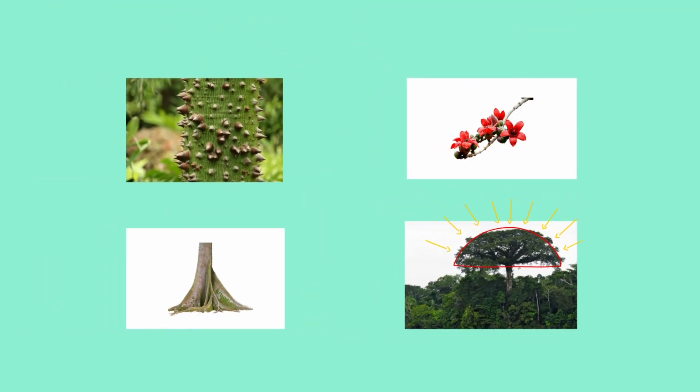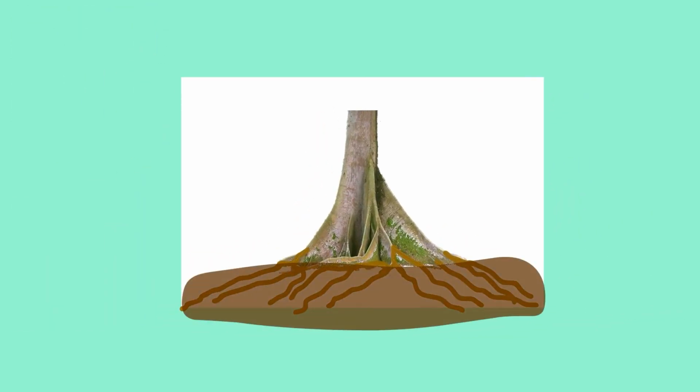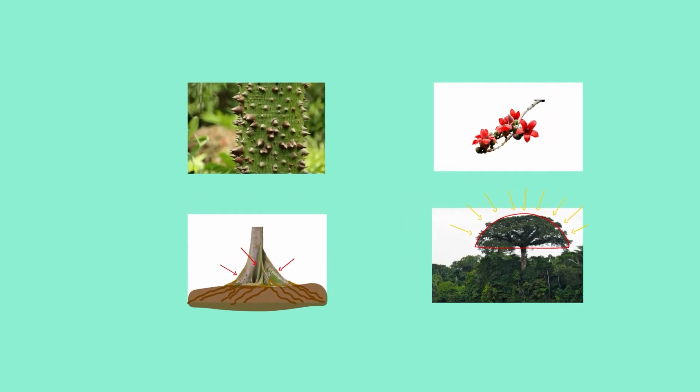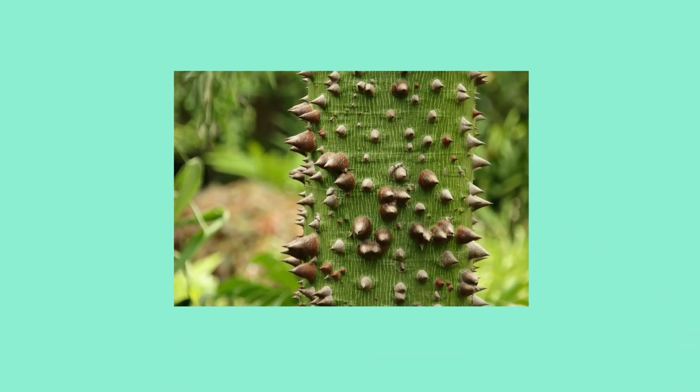Because the soil is loose, the kapok tree has supportive roots that extend to the surface of the earth. These roots give stability and endurance to the tree. The kapok tree has thorns that cover its trunk and some of its branches in order to protect it from animals that might eat the outer layer of the tree.